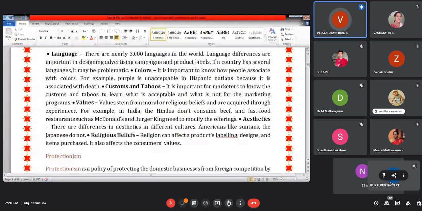Certain beliefs in India, the Hindus don't consume beef in fast food restaurants. Cappuccino, I think, couldn't get the market in South India.